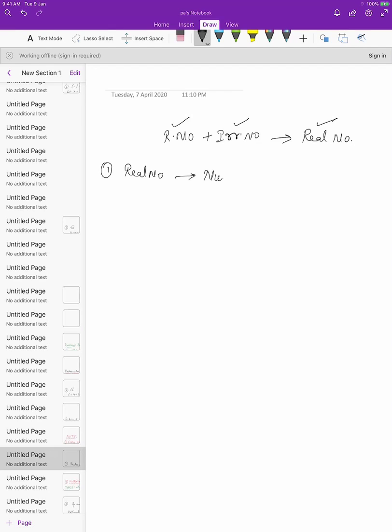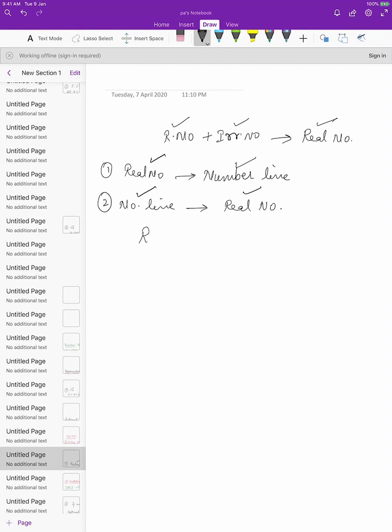So also at the same time I can make a statement that if I take any point on the number line, it will be a real number. So this statement is true both ways: every real number can be represented on the number line, or every point on the number line represents a real number.